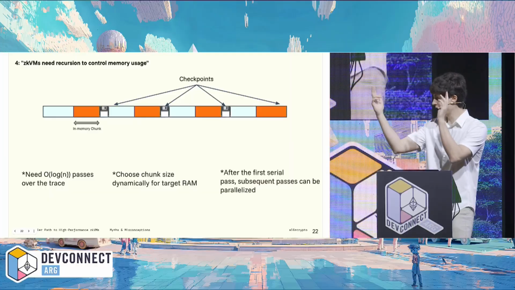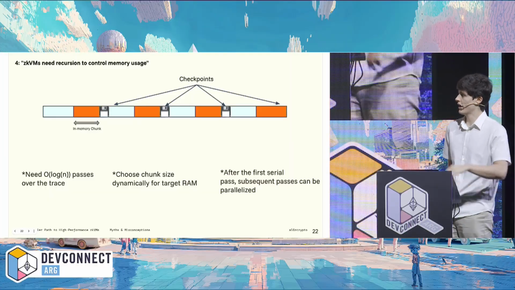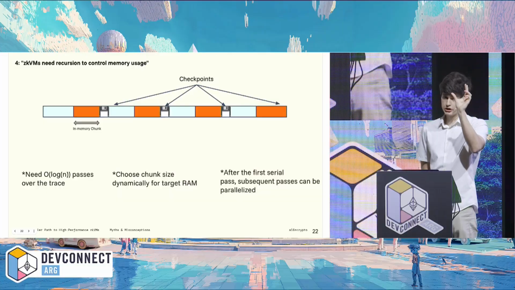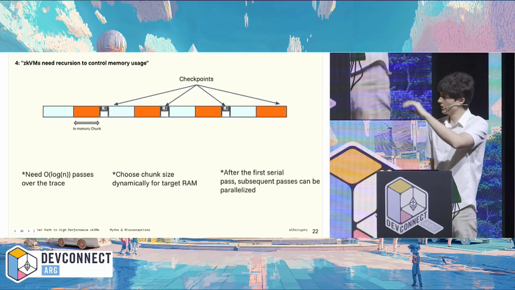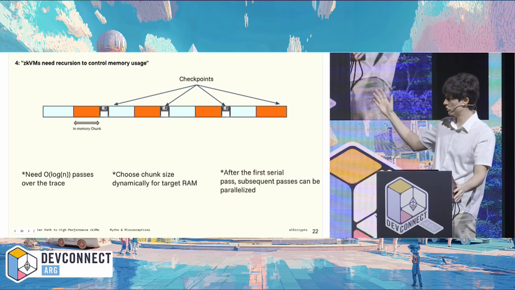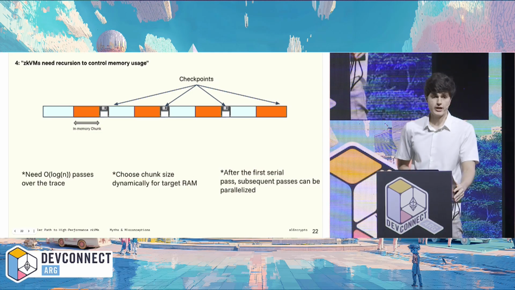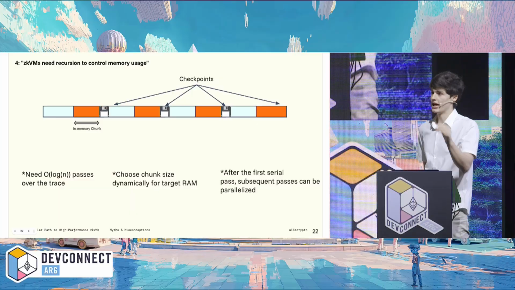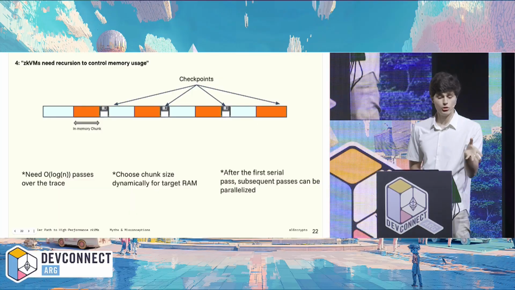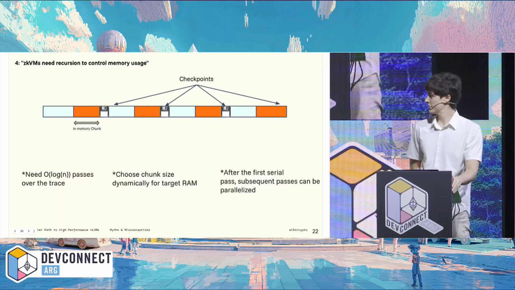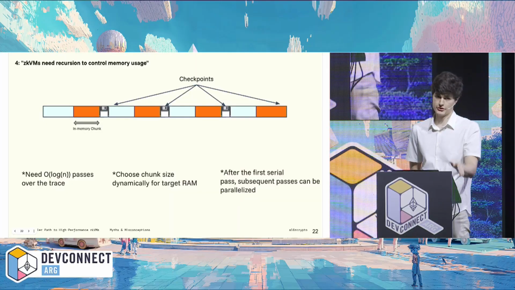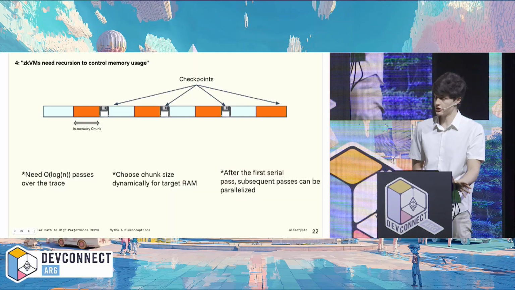Just to explain how this works, instead of having to prove each chunk independently, you take one contiguous chunk, you feed it through the proof system, and then you take the next chunk, feed it through, and you continue until you pass through the trace. In the streaming paradigm, you have to go multiple times over the trace, since we are lazily evaluating it, in particular O(log n) times. But what is nice about this is after the first pass, you can parallelize this process. And so in practice, for GPUs especially, this is quite cheap.